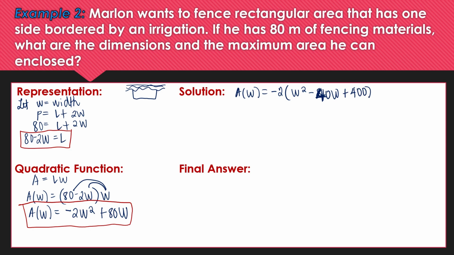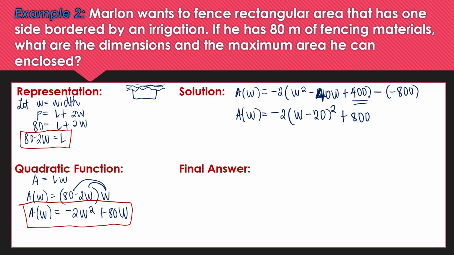Then outside the parentheses, this 400 is multiplied by negative 2, so that is negative 800. So minus negative 800. A of W is equal to, arranging the perfect square trinomial into a square of binomial, negative 2 times the quantity W minus 20, squared, and then minus negative 800 is plus 800.